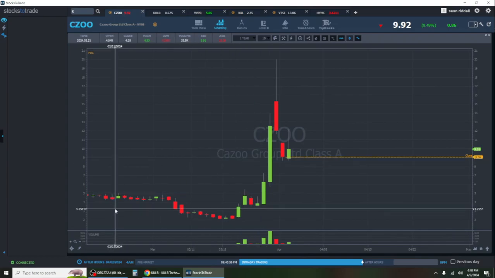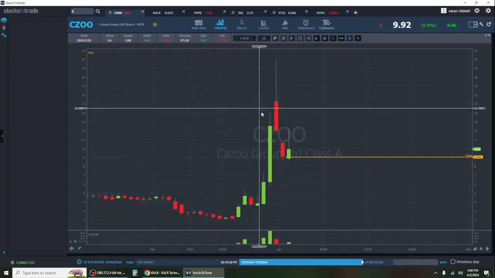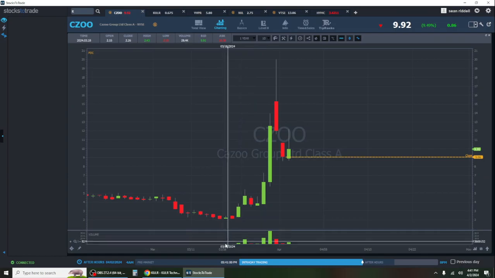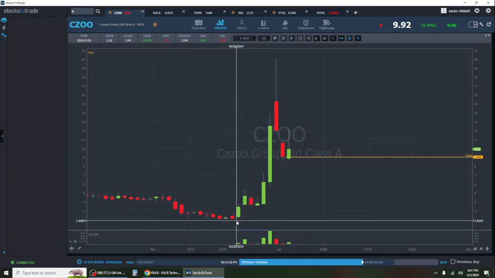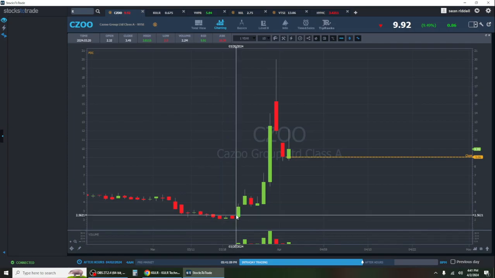So now that we've established what kind of daily chart we want, let's look at the daily chart pattern itself. We want to see a stock that's made a multi-day move with strong volume, and a multi-day move is something that's gone up over multiple days. Doesn't have to be straight up in a row.